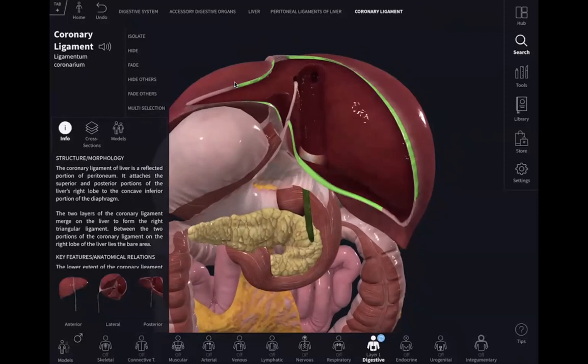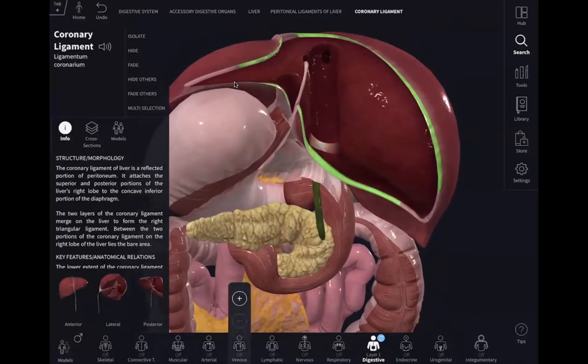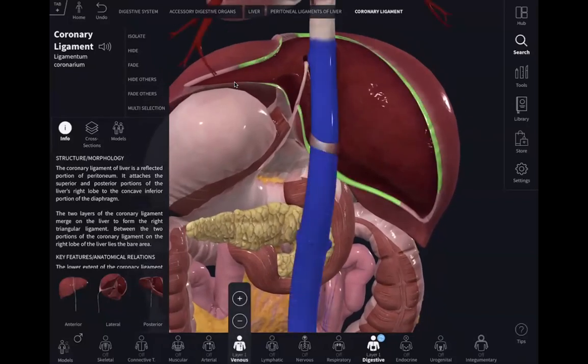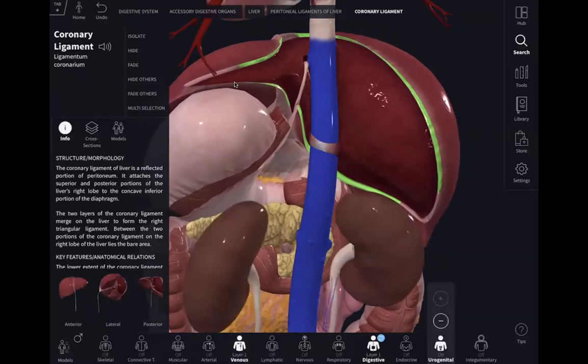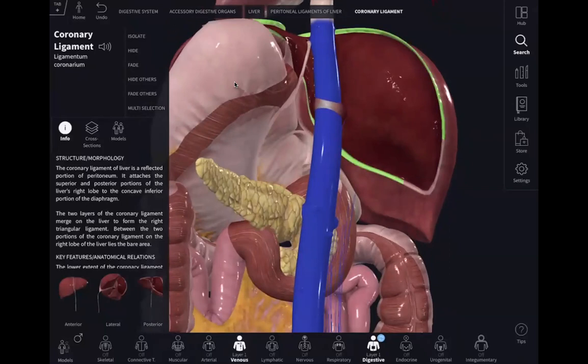You have to know one thing here. This is our inferior vena cava, correct? And think about the fossa of the gallbladder.